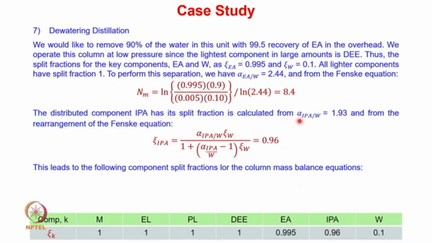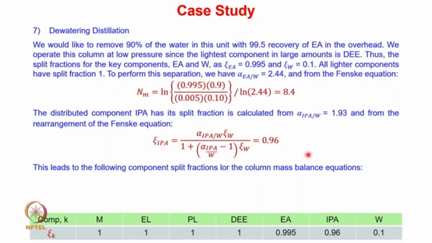So the distributed component split fraction can be represented as, this is the relative volatility of isopropyl alcohol with respect to water, and the split fraction of the water is 0.1 as given, and the relative volatility of the isopropyl alcohol with water can be calculated, and using this we can calculate the split fraction of isopropyl alcohol.